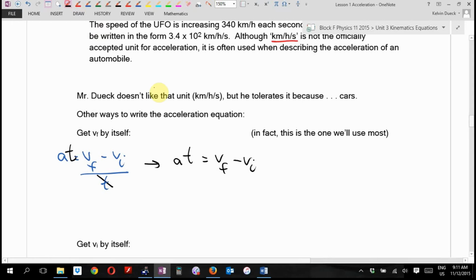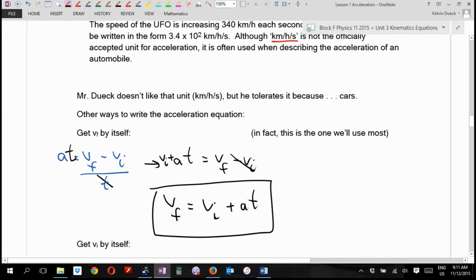That's the same equation. Or you could have written the plus after the AT, but trust me, I know how I wrote it on your formula sheet. VF equals VI plus AT. This is another equation. This is what I would use if I'm finding VF.